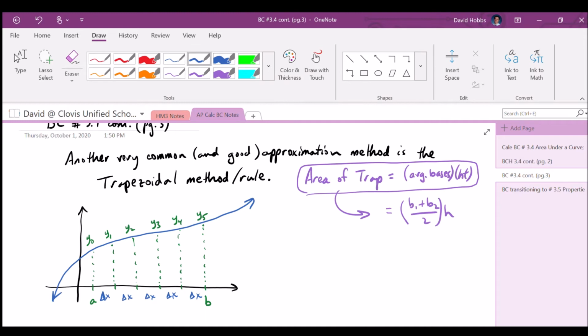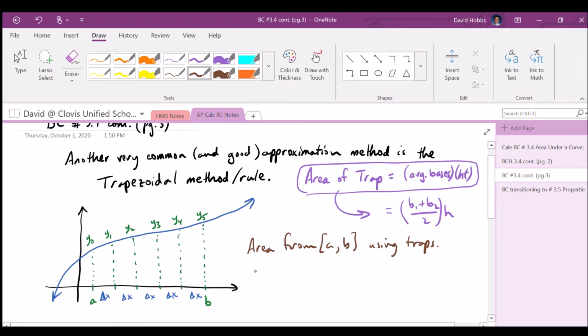Okay, so how do we find the area from A to B? Well, we could do this 5 different times, since there's 5 trapezoids there. So the area from A to B using trapezoids. Okay, so the first trapezoid, the bases are y0 and y1.